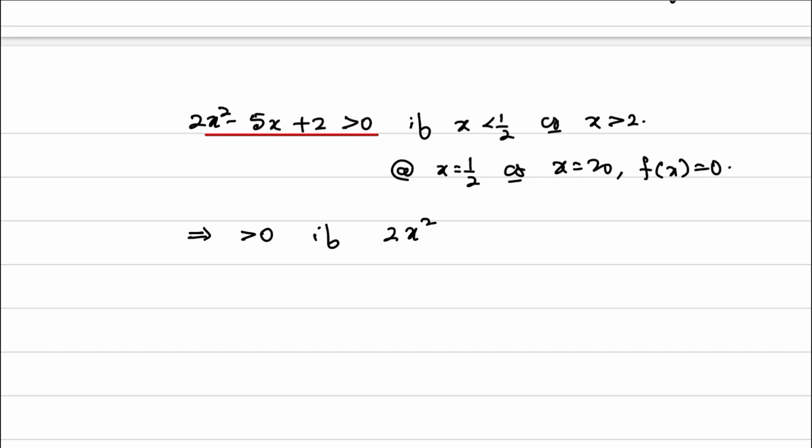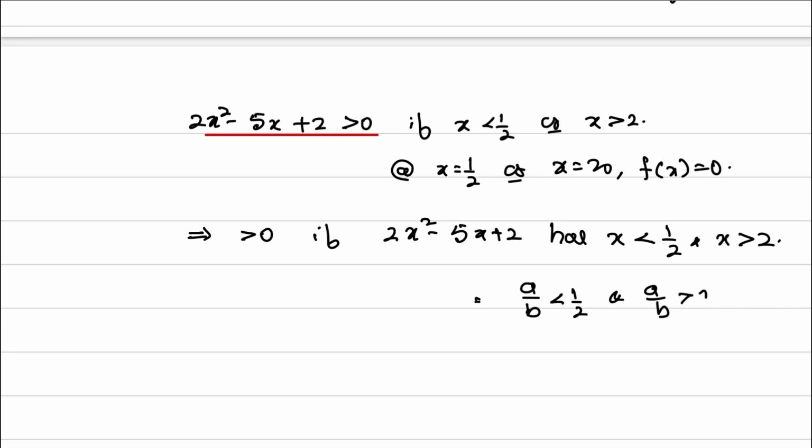2x square minus 5x plus 2, x less than half and x greater than 2. That means a by b less than half or a by b greater than 2.